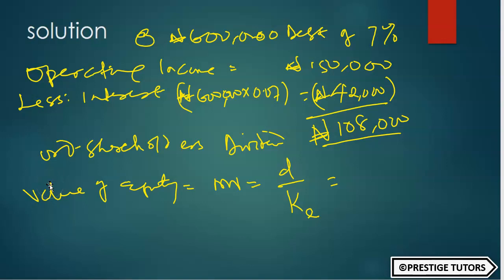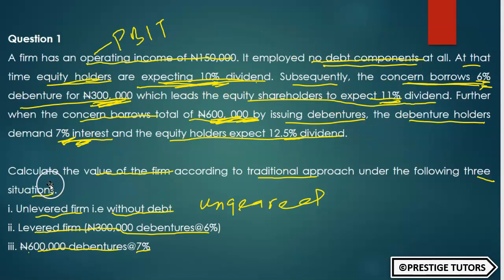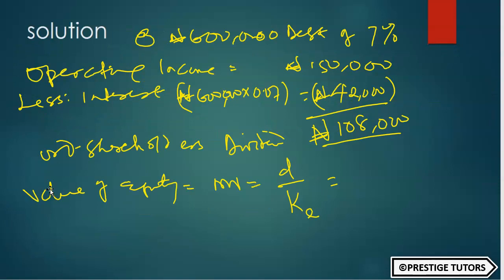What did the ordinary shareholders ask for at 600,000 naira debenture? They increased their cost to 12.5%.